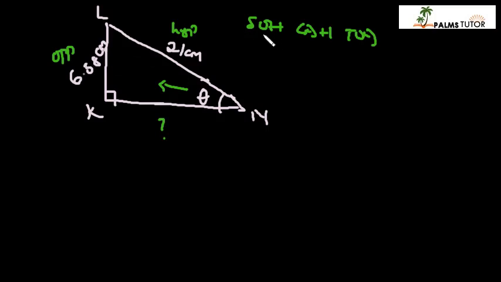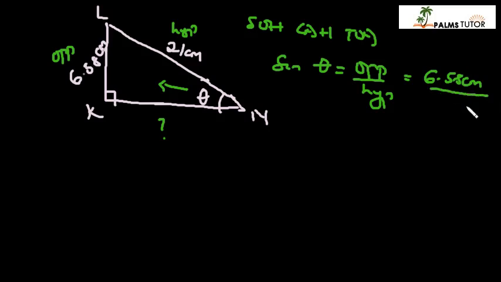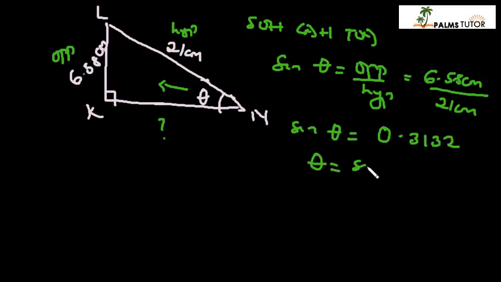So the trig ratio that relates these two is sine. Sine theta equals opposite over hypotenuse, which in this case opposite is 6.58 centimeter and our hypotenuse is 21 centimeter, which makes sine theta equal to 6.58 divided by 21, which gives 0.3132. Theta will be the inverse, that's arcsine of 0.3132.